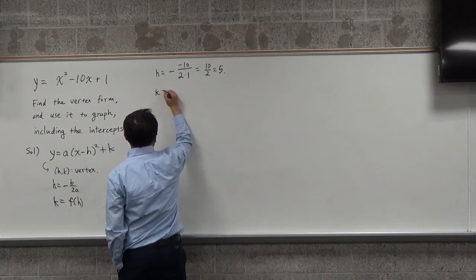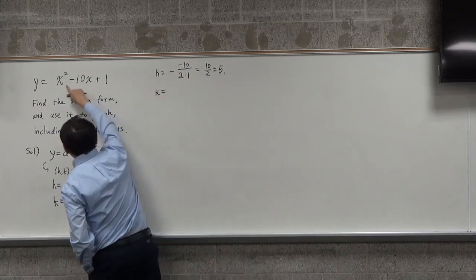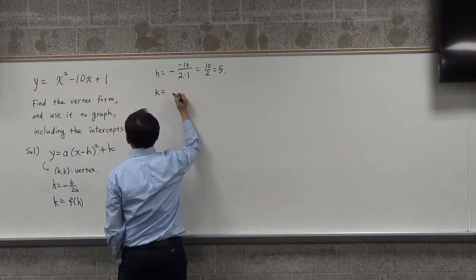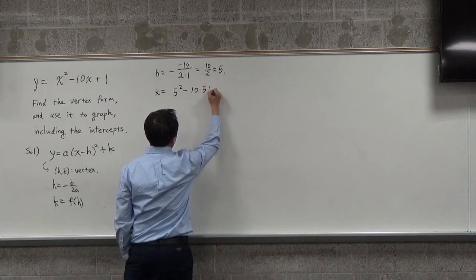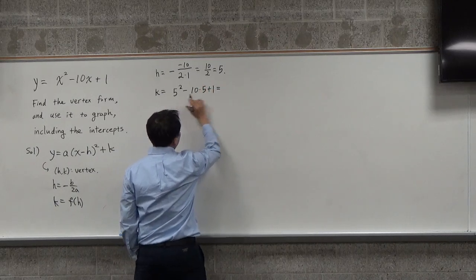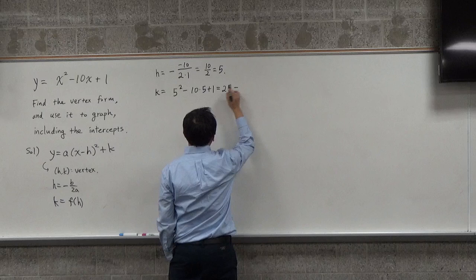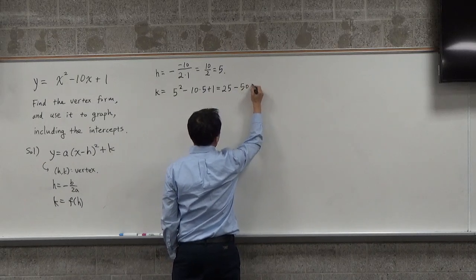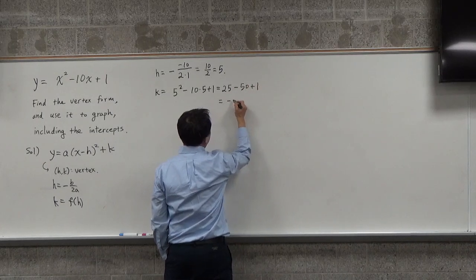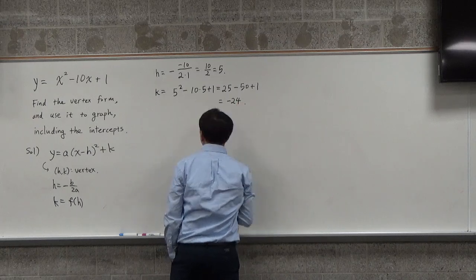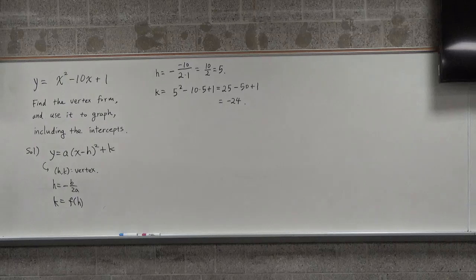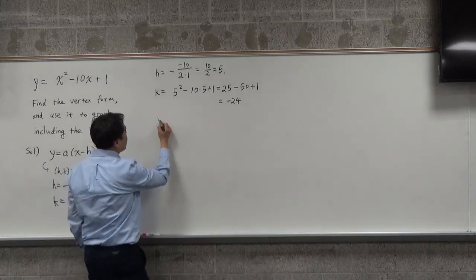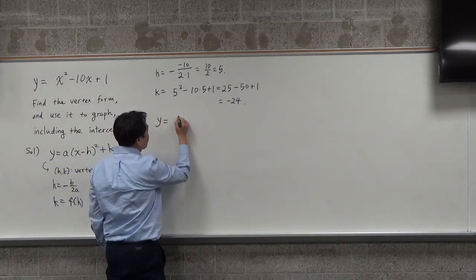And your k now is you plug this into the function to evaluate. So let's see, 5 squared minus 10 times 5 plus 1. 5 squared is 25 minus 50 plus 1, which is negative 24. And then you can write down the vertex form.